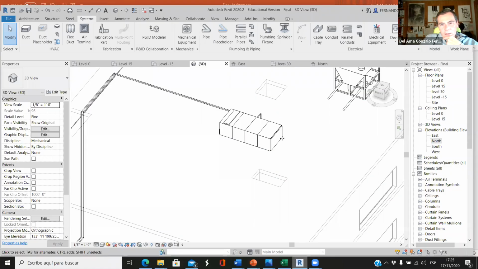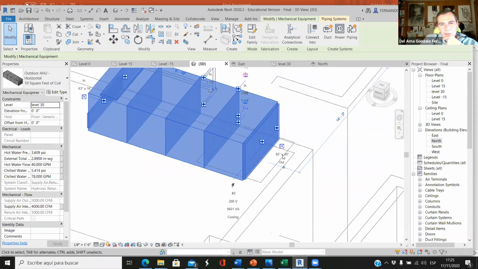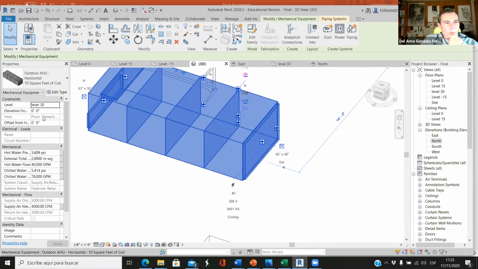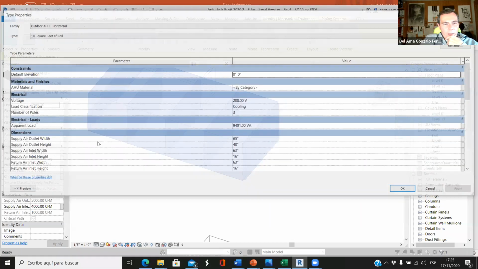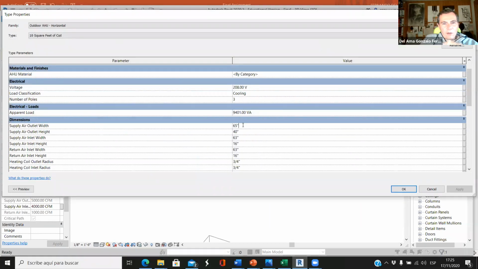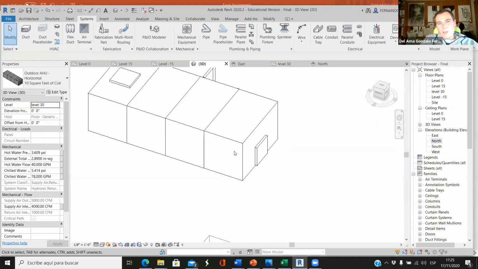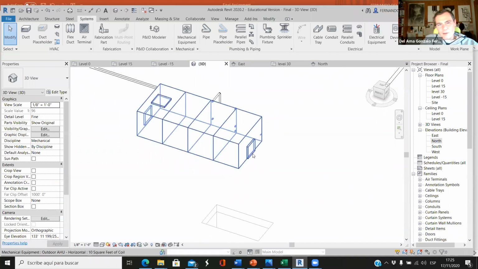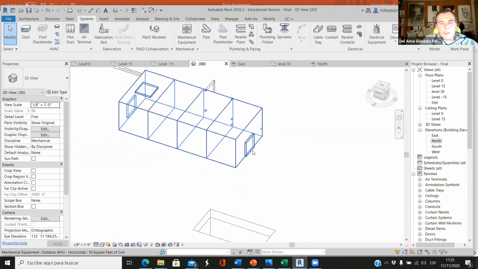Okay, so let's do it. What size? This is 65 times 40. Oh, this is too much. So let's edit the type and let's make all of these 20 by 20. I think it would be more than enough. Apply. Okay, maybe it's 30 by 30, but I think 20 by 20 would be enough.